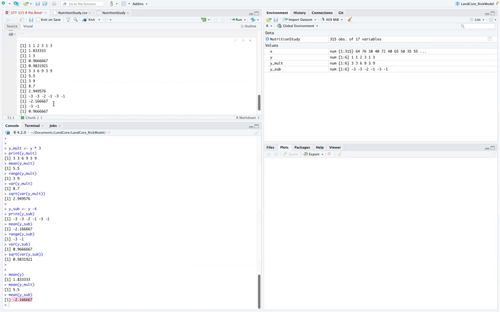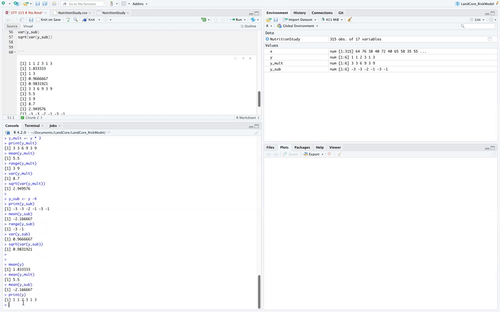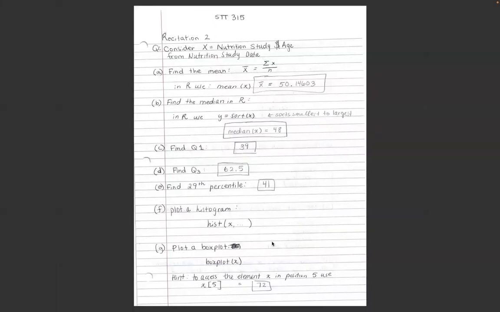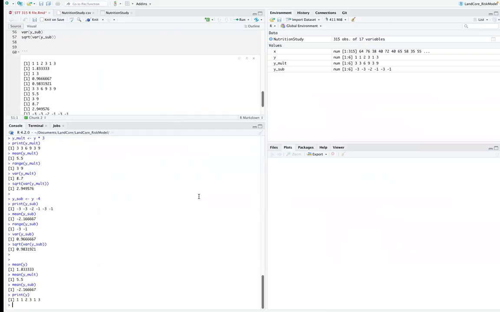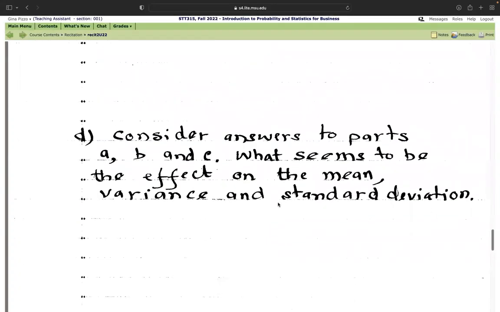Hold on. Oh, but the mean would change because our values are still different. So that's correct. Sorry, I was just second guessing myself. Okay, so the answer to this question here, part D, is the range.